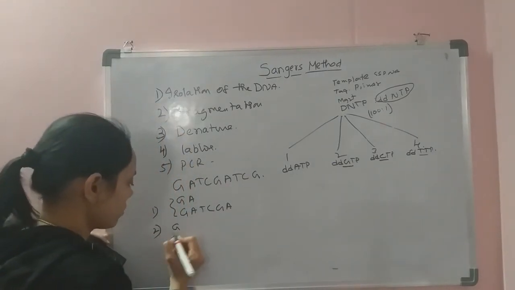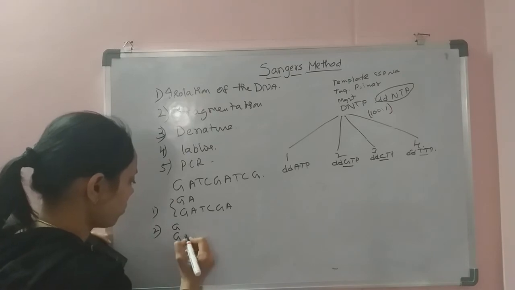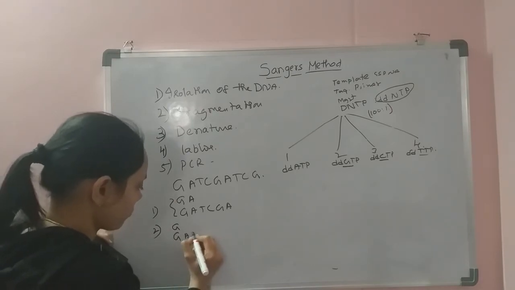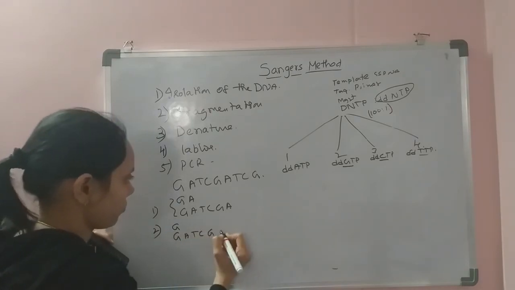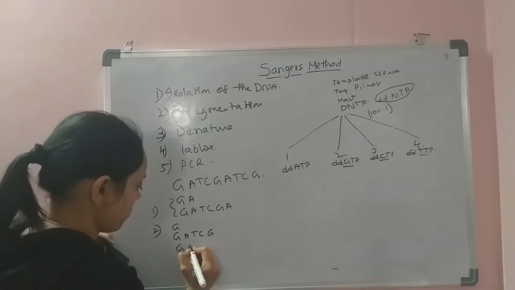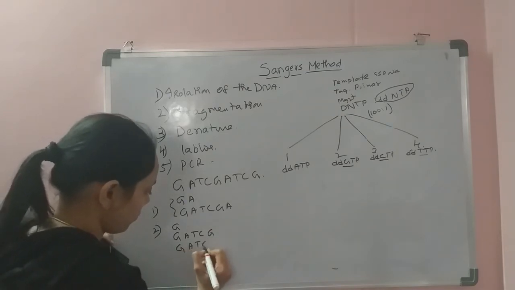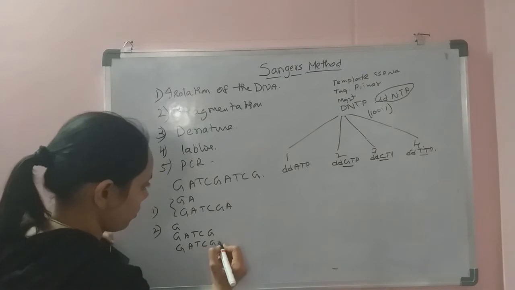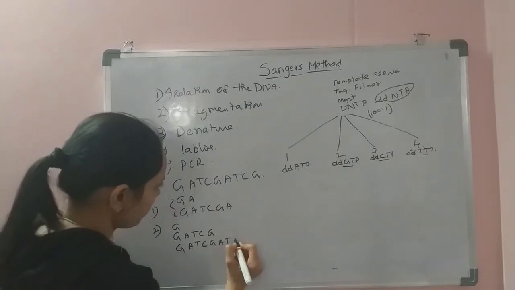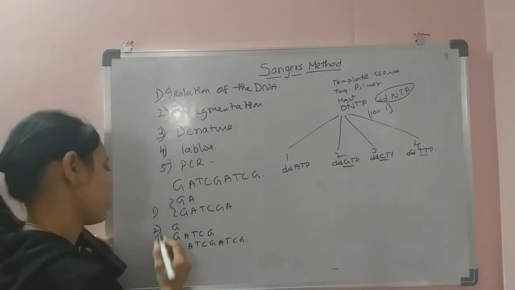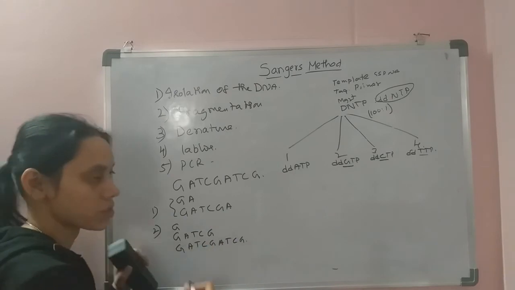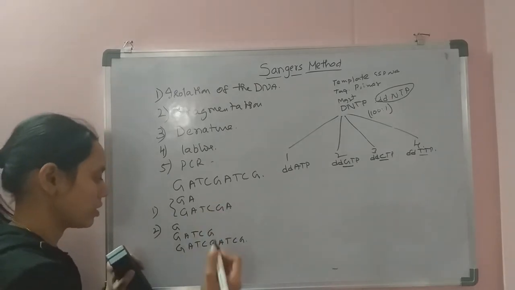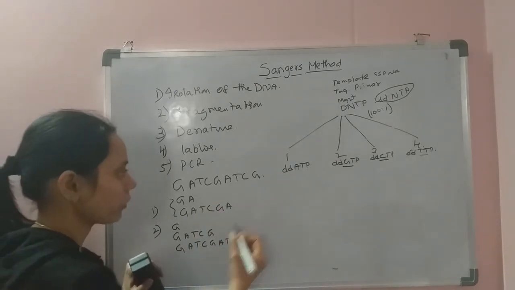That means the possibility of the fragments obtained will be similar to this. So these 3 kinds of fragments will be obtained from reaction tube 2.